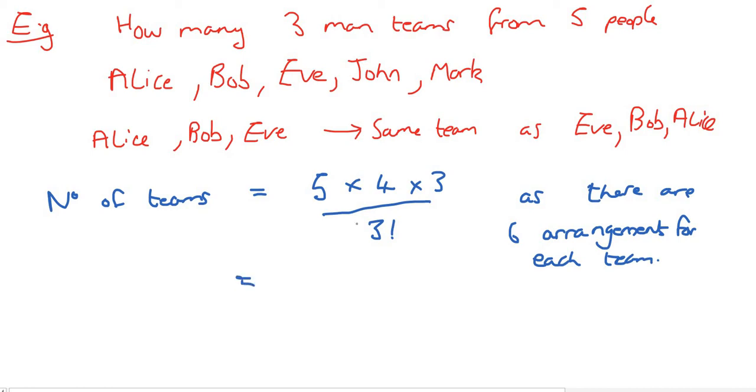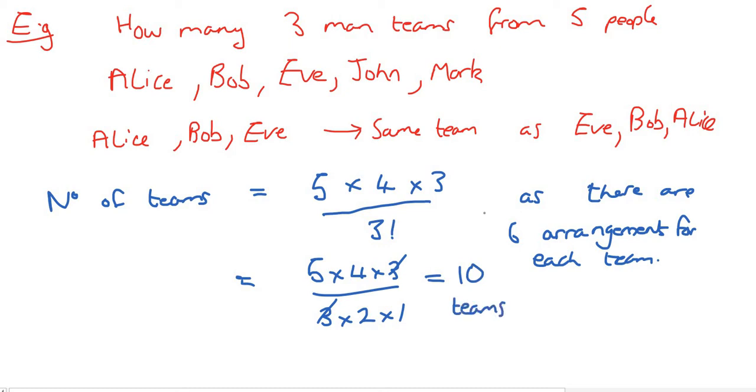So the number of teams is 5 times 4 times 3 over 3 times 2 times 1. These are going to cancel, and we're going to be left with 10. So 10 teams. This is an example of a combination.